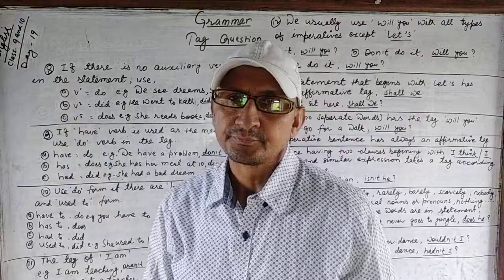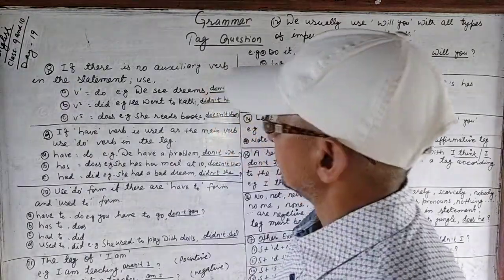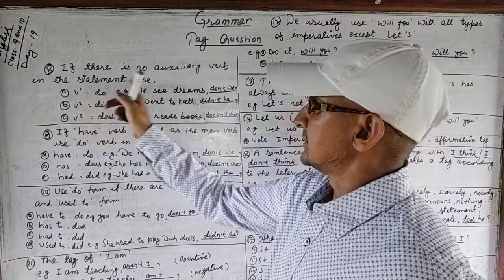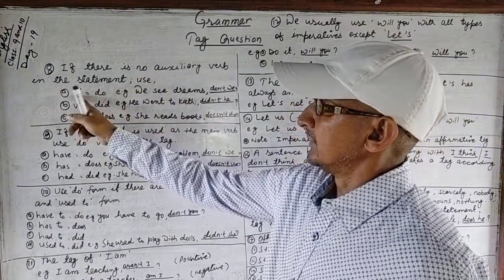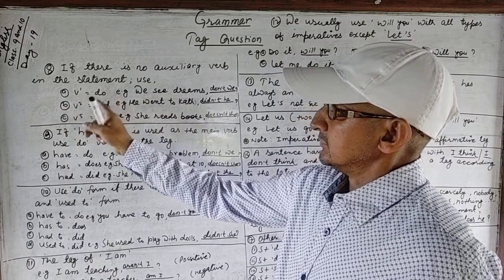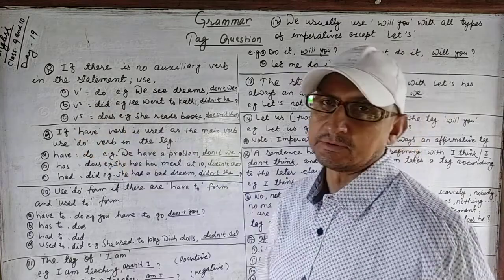Another rule of tag questions is, if there is no auxiliary verb in the statement, use do for B1, did for B2, and does for B5.